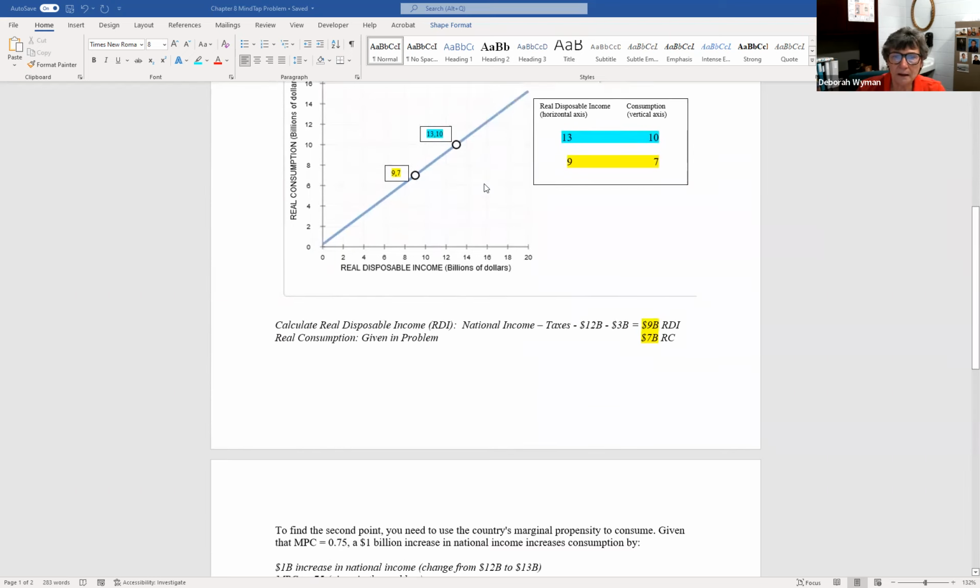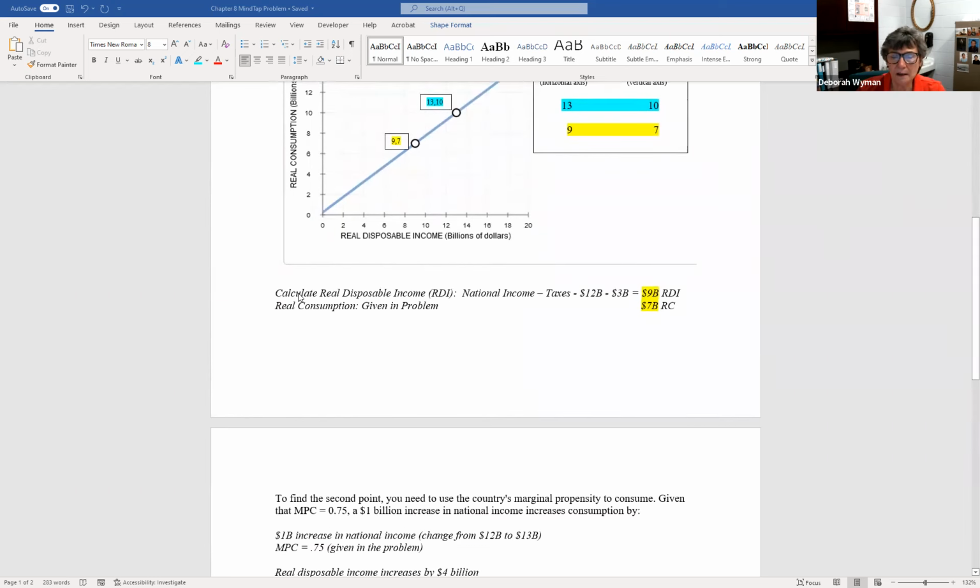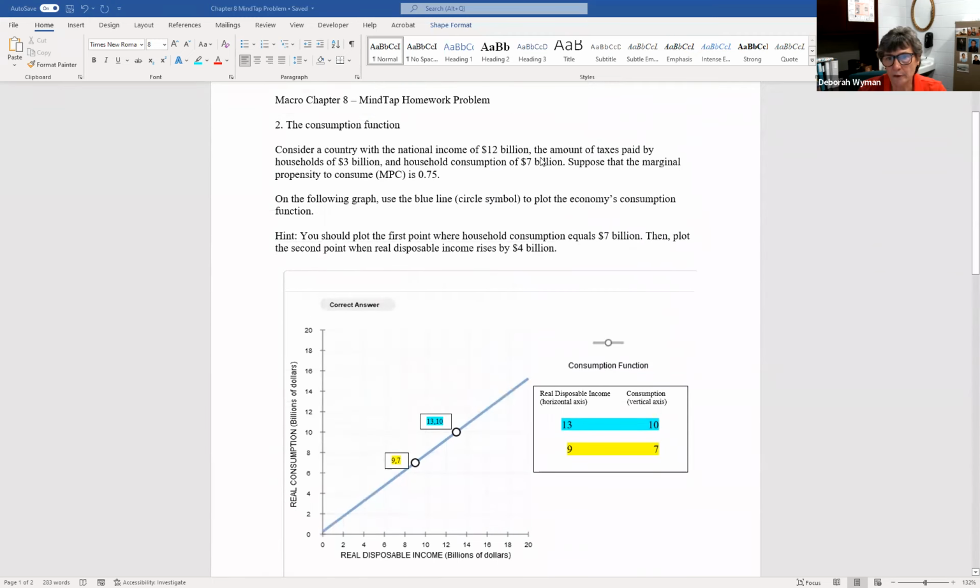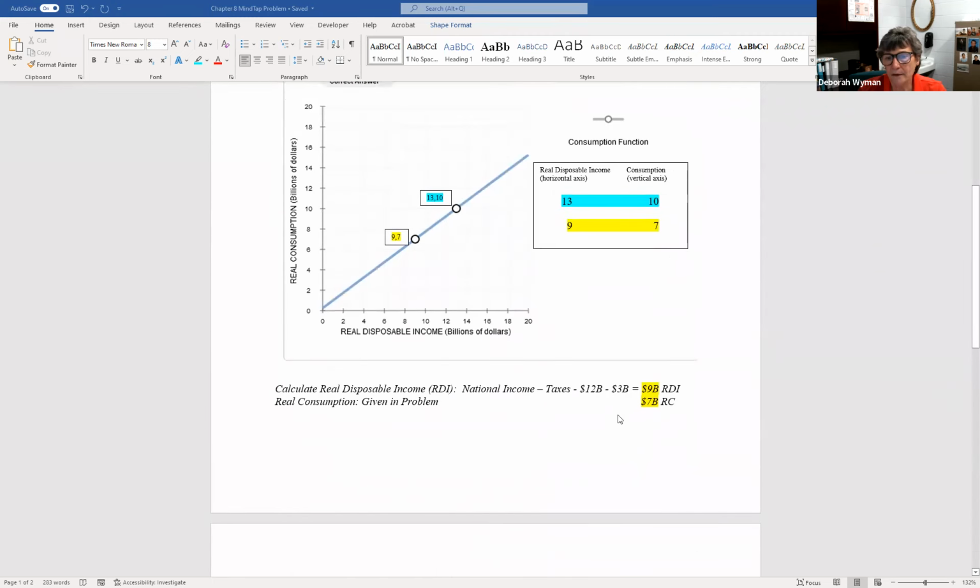The way that we calculate that is we have calculating real disposable income, RDI, which is national income minus taxes. So that is 12 billion, which is given in the problem, and you have 3 billion in taxes. So you have 9 billion as your real disposable income. So we know the first plot, real disposable income, is going to be 9.